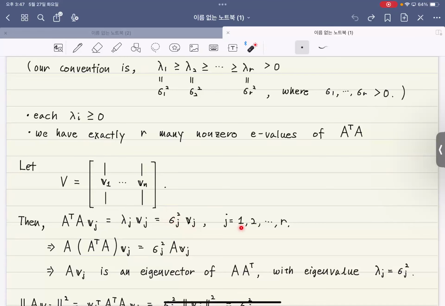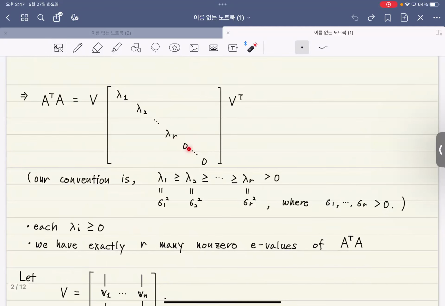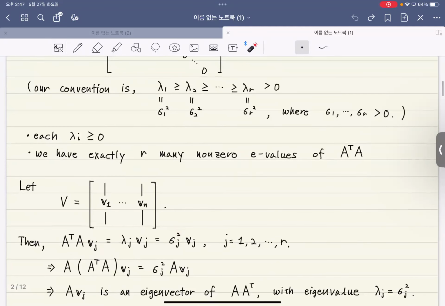This relation is true for j from 1 to r. If the index j is greater than r, then this is simply 0. For instance, A^T A times v(r+1) is going to be 0, because this eigenvalue is 0. So this relation is only true for the indices between 1 and r.